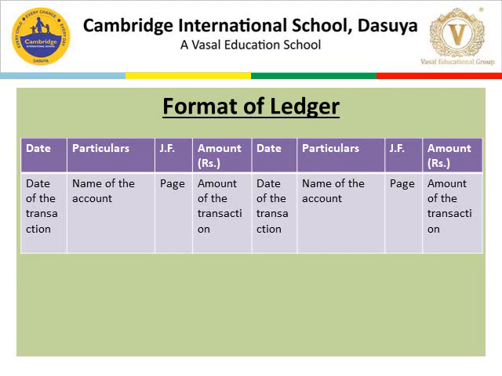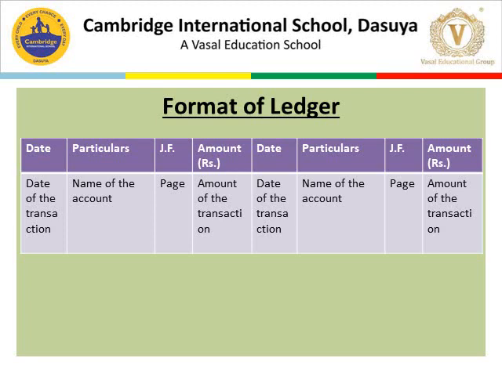Like in journal we were writing ledger folio, now in ledger we will be writing journal folio. So the page number of the journal will be written in this column.